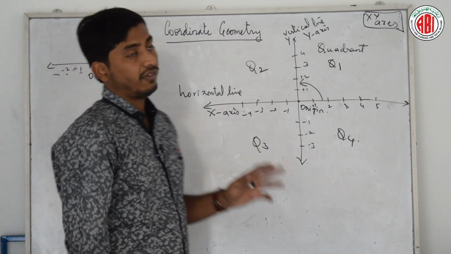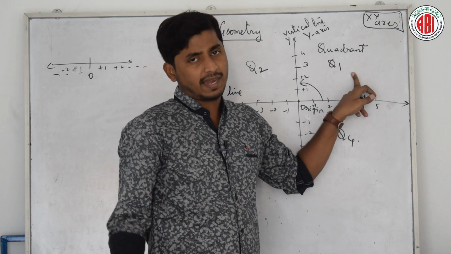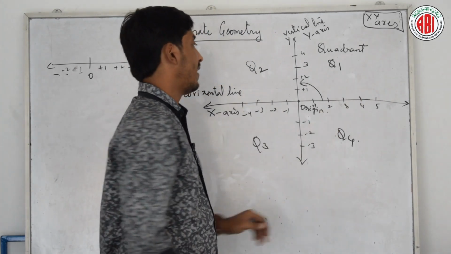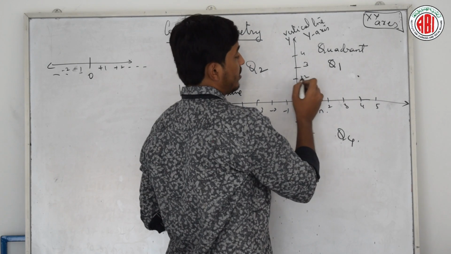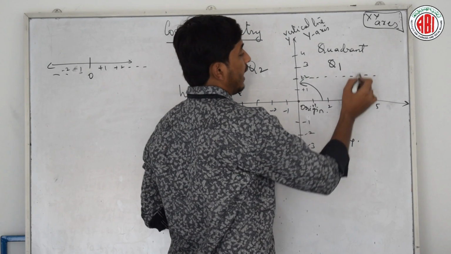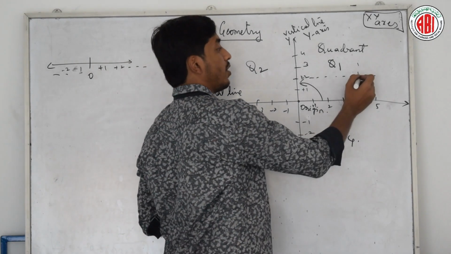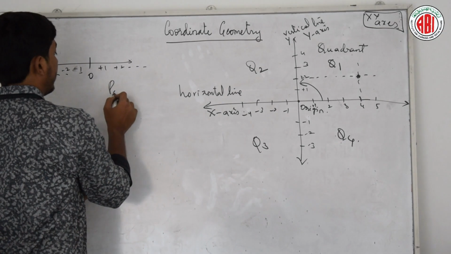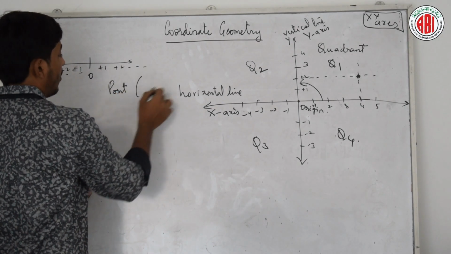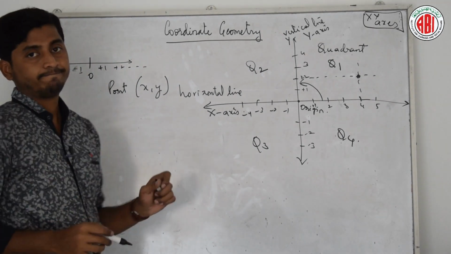From this, we are going to locate some point on the plane. If I say there is a point like this here, I am at 4 on one line and at 2 on the other. Then how do I represent this point? This point is always represented in the form of a bracket, that is (x, y).